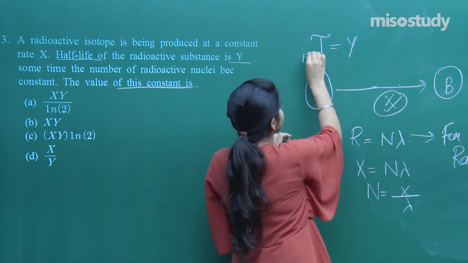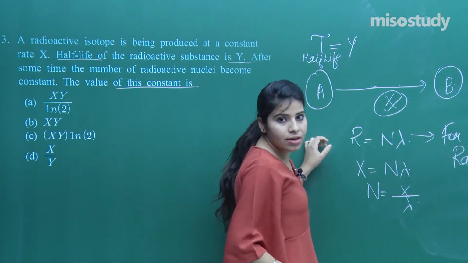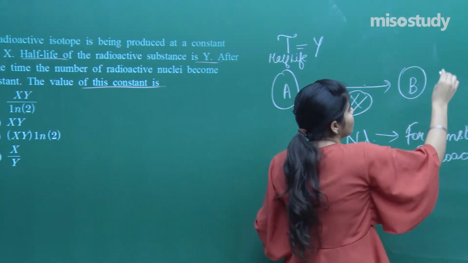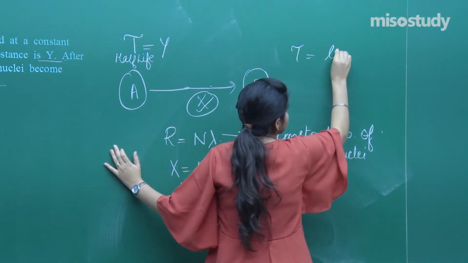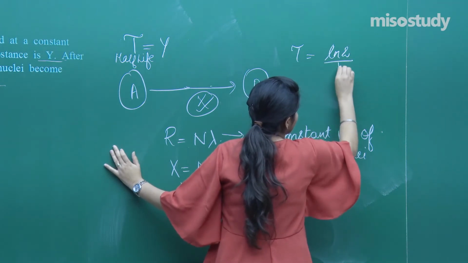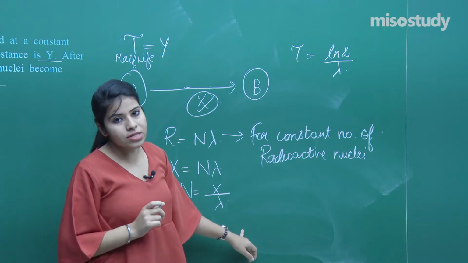Now we have been given this half-life, which is given as y. You know that we have one formula before us, T equals log 2 by lambda, where lambda is the decay constant.